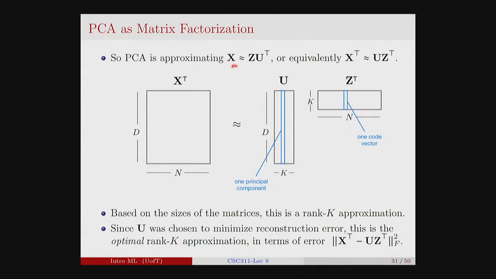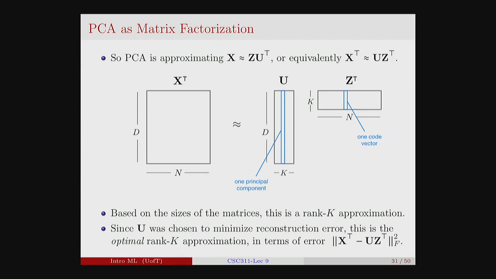And so PCA is approximately trying to find two matrices, Z and U transpose, or equivalently X transpose is equal to U times Z, where you have X transpose as a D by N matrix, and we're trying to approximate a D by N matrix as a D by K times K by N matrix, where our matrix U, remember, is D times K. So we have K different orthonormal eigenvectors that all get packed together in U. And if we apply the matrix U to each of the data points, then we get Z transpose, which is a K by N matrix, where for each of the N data points, we have a K-dimensional code space.